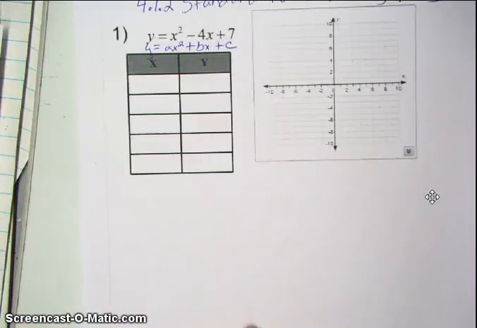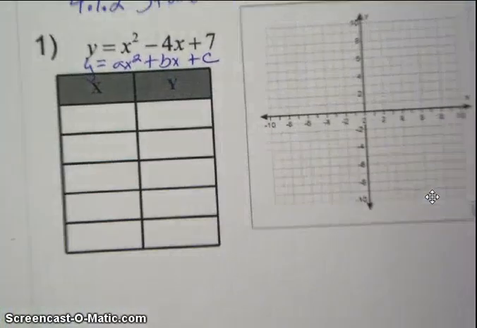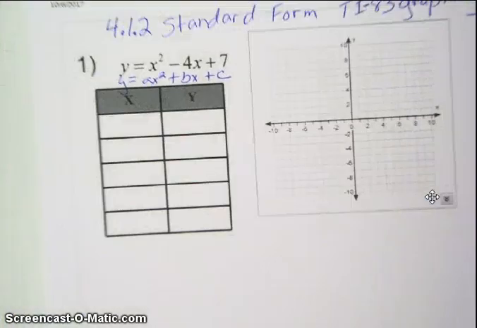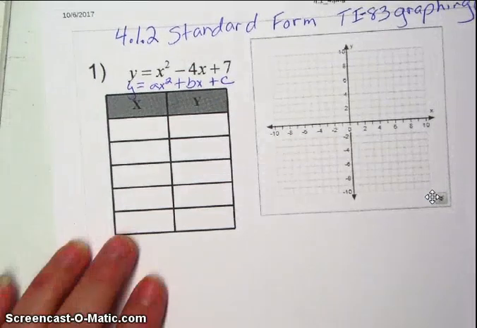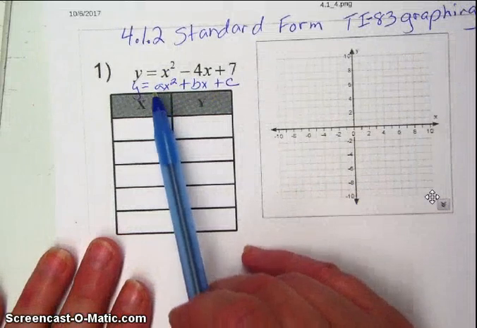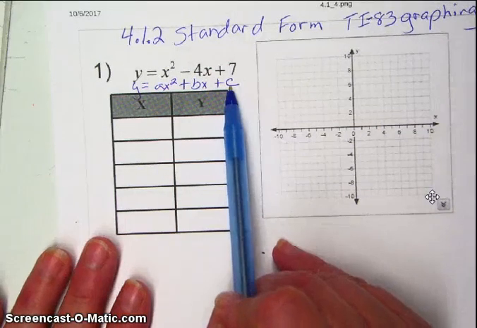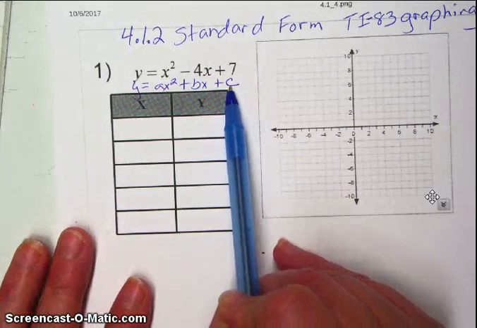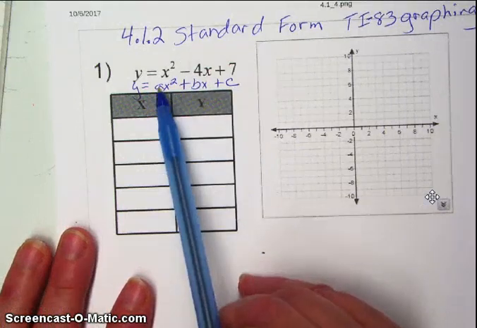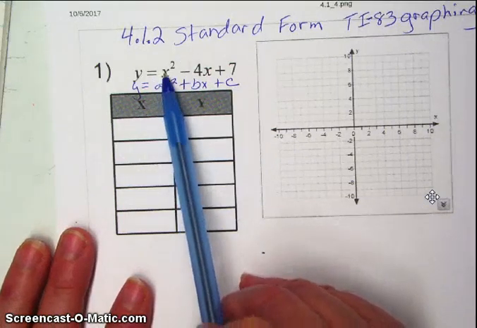The first thing that you need to know is to be able to identify what A, B, and C are in standard form of a quadratic equation. A, B, and C stand for the coefficients of these different terms.